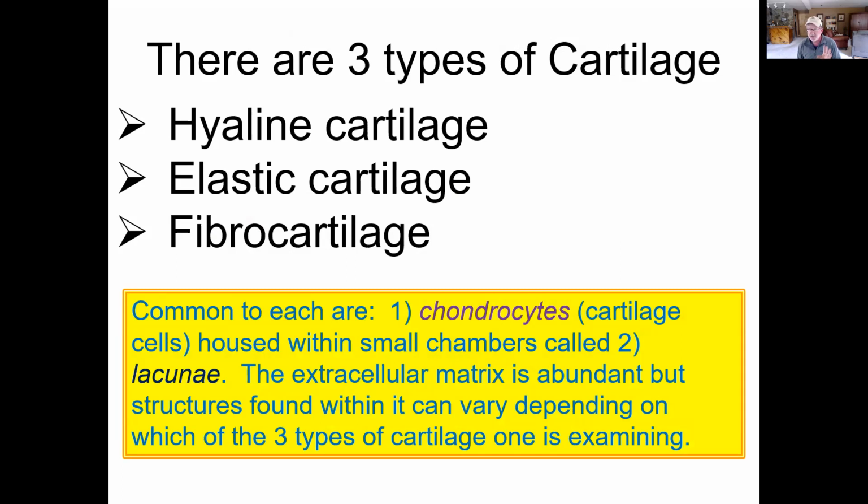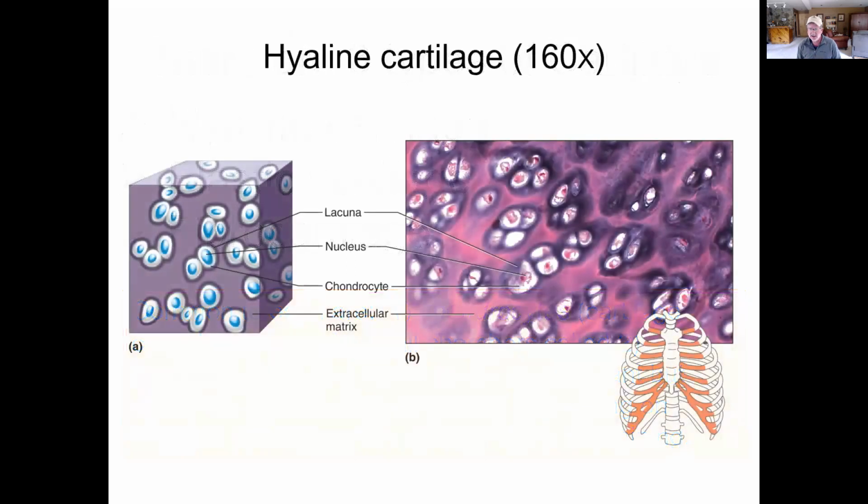So let's talk about the first one, hyaline cartilage. This is the one that you're probably most familiar with. It's telling us to look here near the sternum. In fact, where the sternum connects to the ribs, we have something called costal cartilage. Now, this isn't a fourth type. It's hyaline, but it gets the name costal because costal refers to ribs.